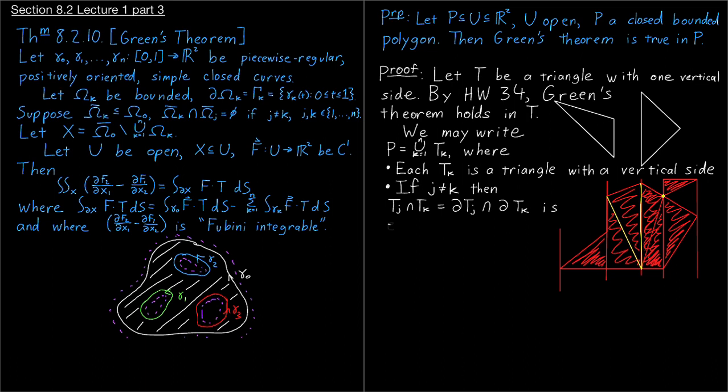And that is either empty or it's one point or it's a line segment, because that's the only way two triangles can intersect. If they're intersecting on the boundary, either it's a line segment or just one point or nothing.